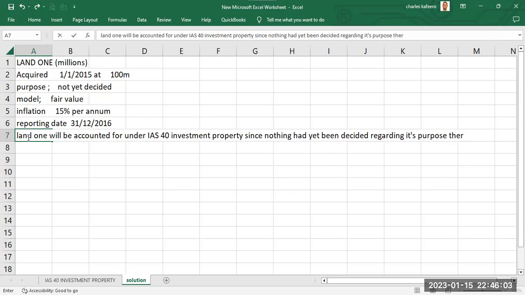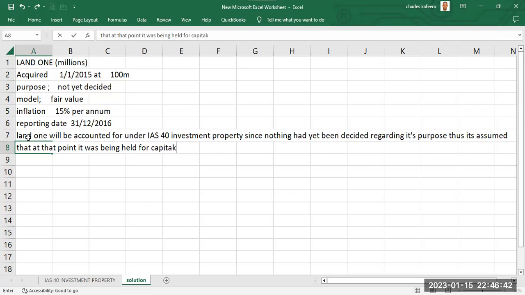Therefore, or thus, it's deemed or it's assumed that at that point it was being held for capital appreciation.